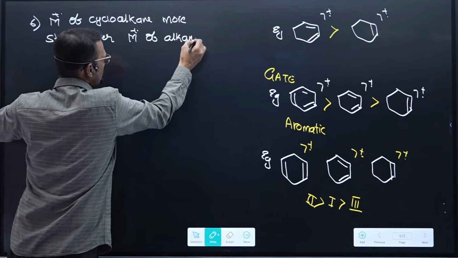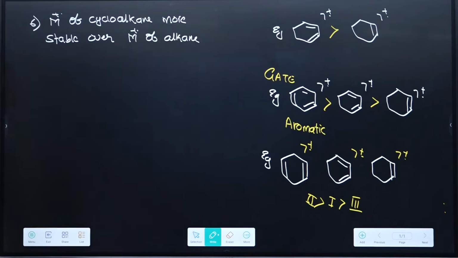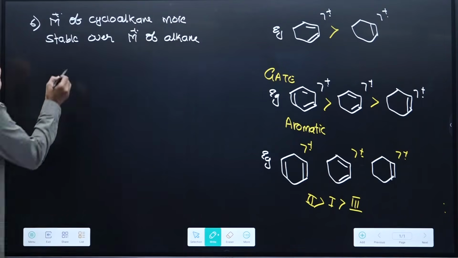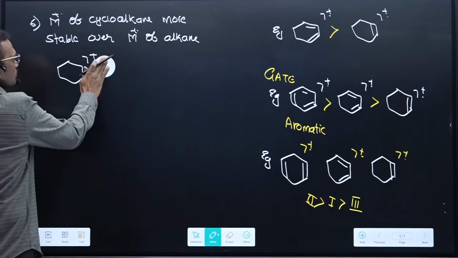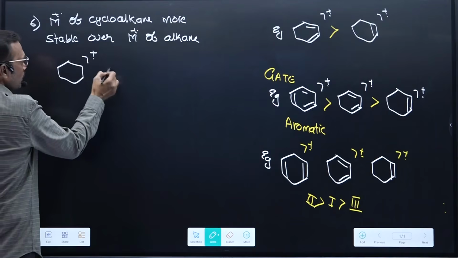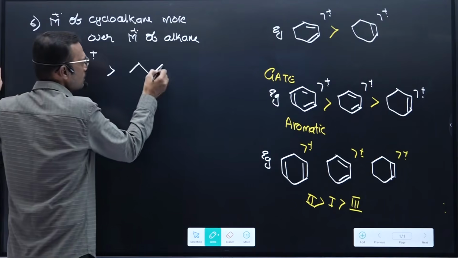If you compare the molecular ion of an alkane and a cycloalkane, always the cycloalkane molecular ion is more stable. If I take a similar number of carbons, see, 6 carbons are present in this cyclohexane. This is the molecular ion. This is more stable than which one? The 6 carbon open chain.